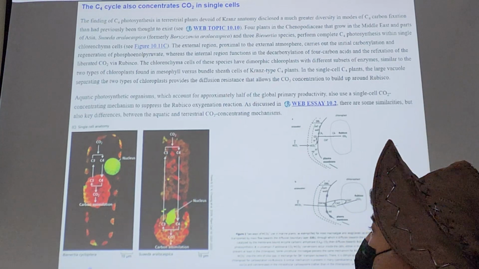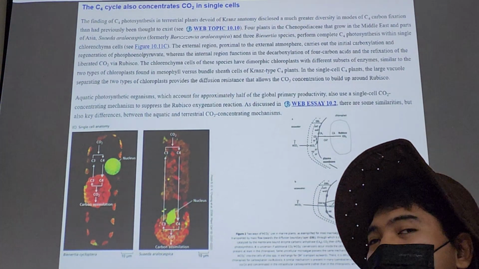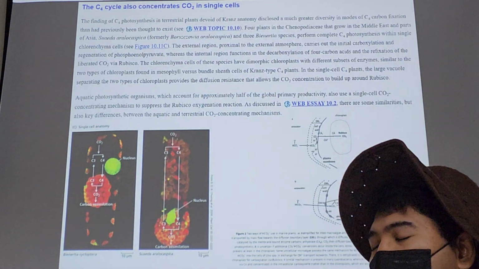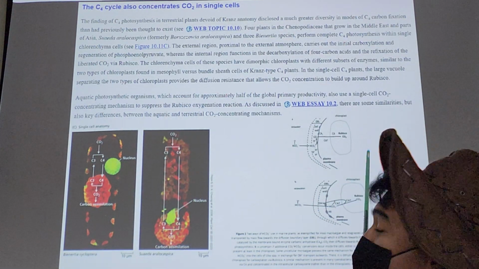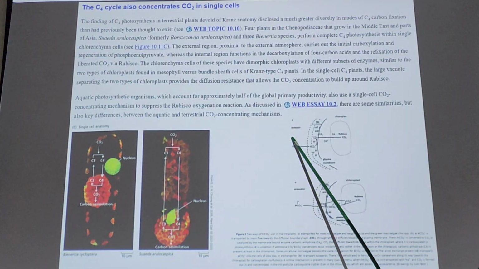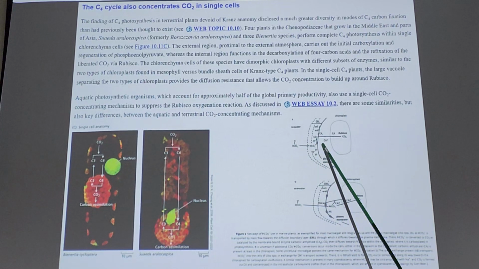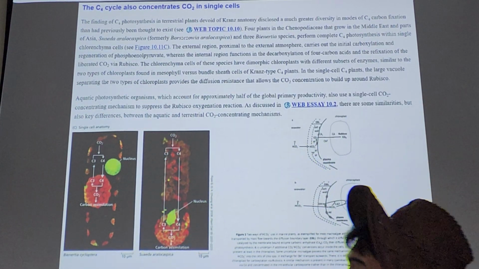What about the single cell just now? So where does the single cell case actually happen? If it's not in terrestrial plants, it actually happens in aquatic plants. So in the aquatic plant, you have your seawater and everything, right? With the help of CA here, which is carbonic anhydrase, this guy here.